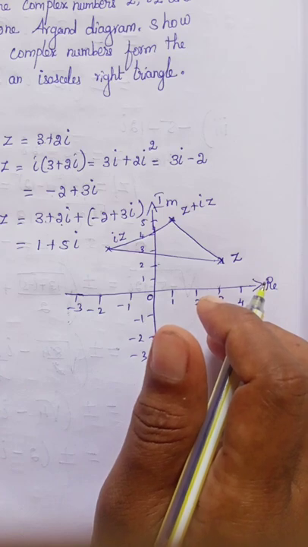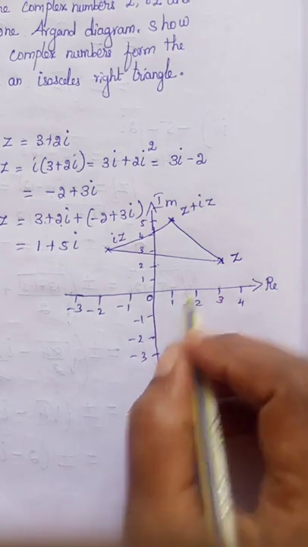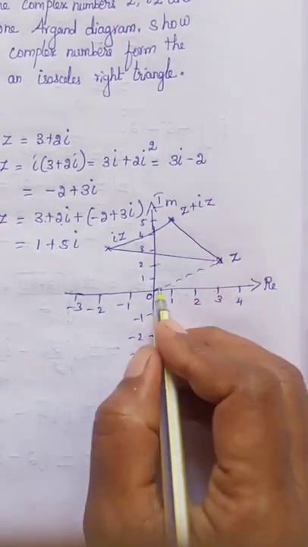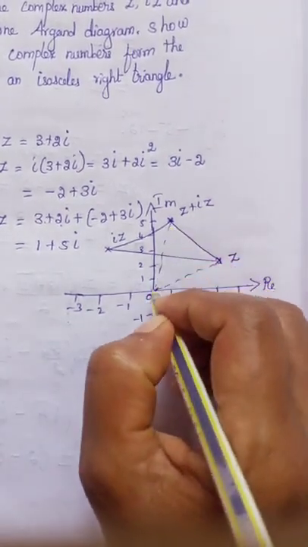The next part: all this we have drawn from the origin, so that is how we got this diagram.